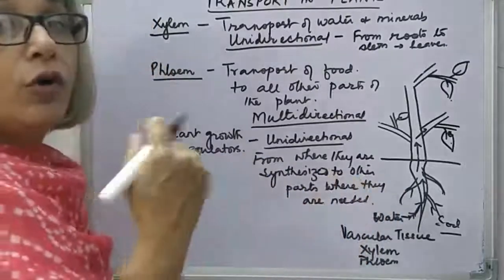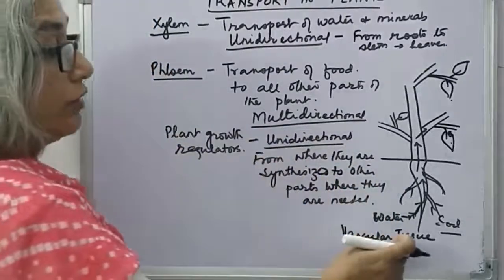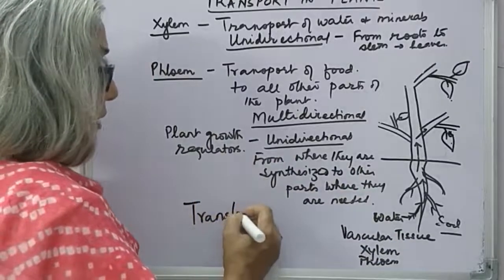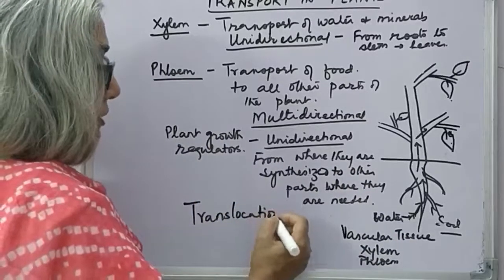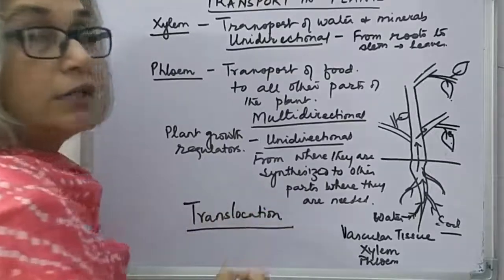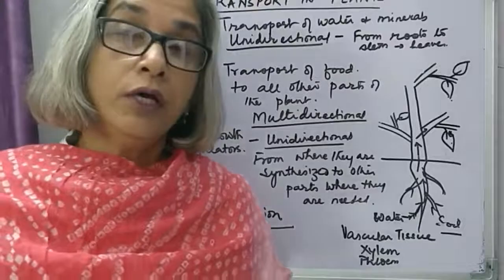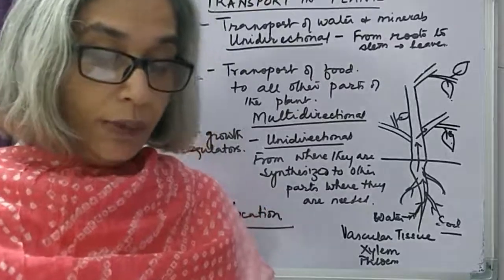And the movement of these substances through the vascular tissue is called translocation of substances. Translocation word is used to describe the movement of substances within the plant.